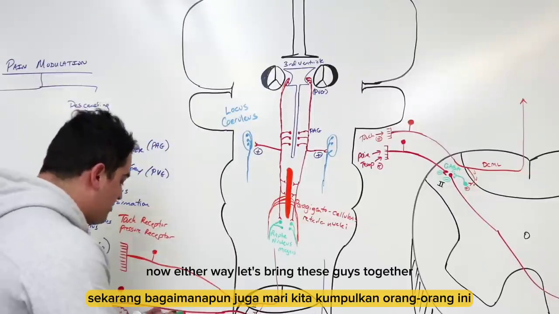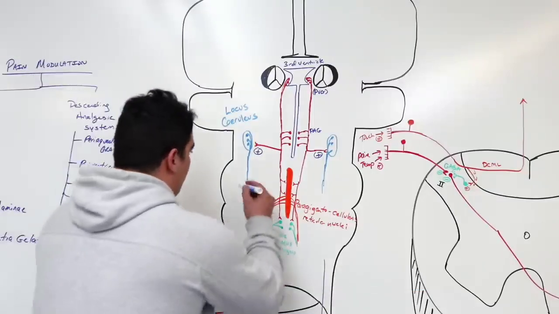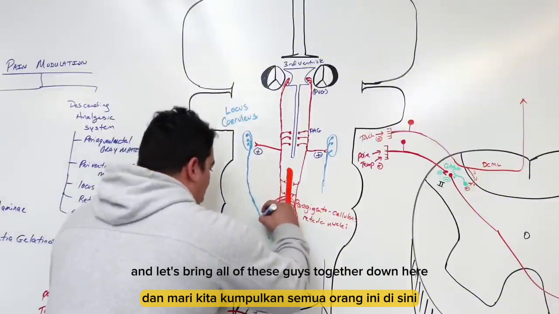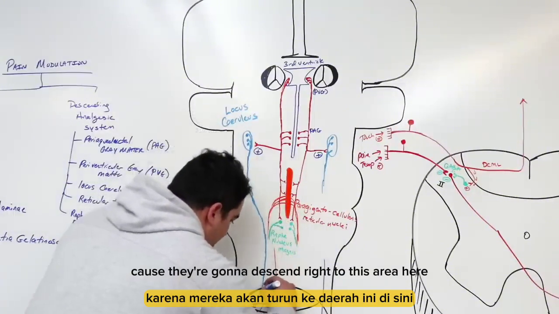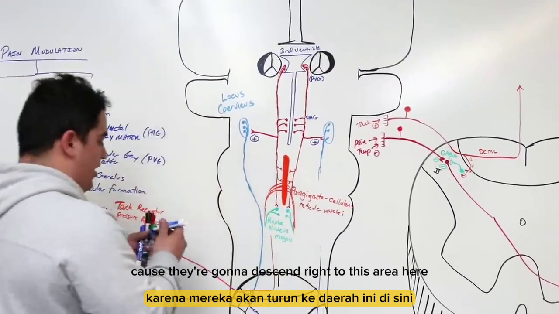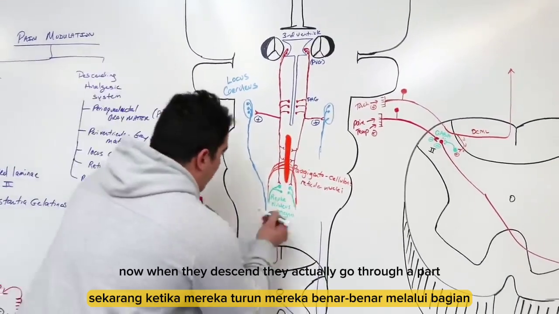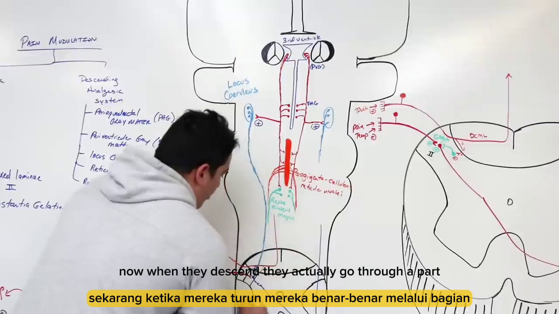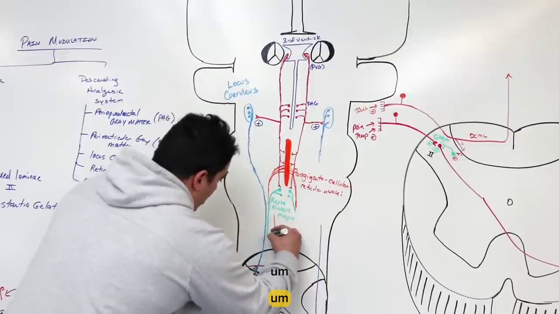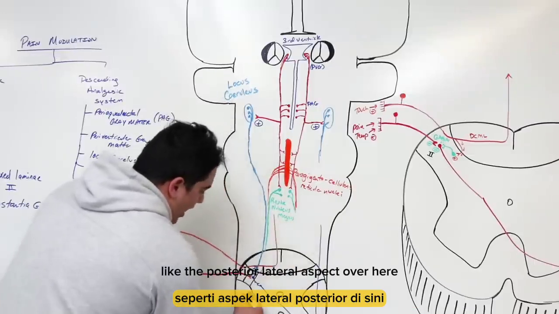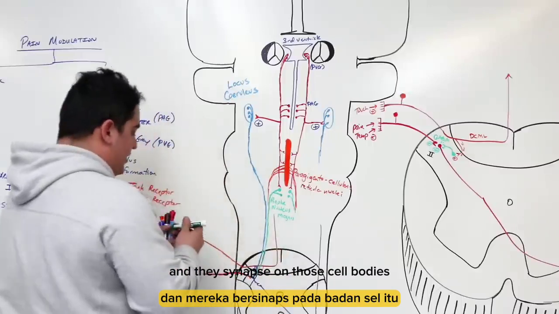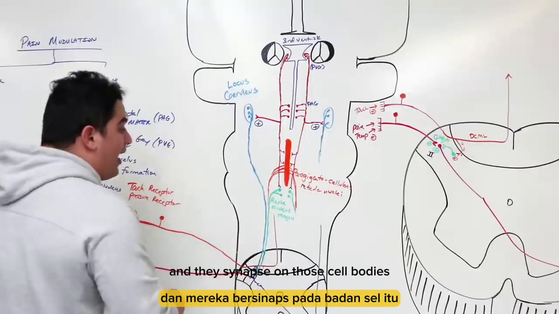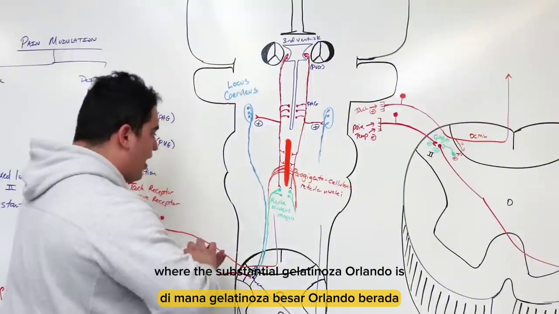Now, either way, let's bring these guys together. Okay, and let's bring all of these guys together down here, because they're going to descend right to this area here. Now, when they descend, they actually go through a part like the posterior lateral aspect over here in the lateral white column, and then they come down and they synapse on those cell bodies where the substantia gelatinosa of Rolando is.